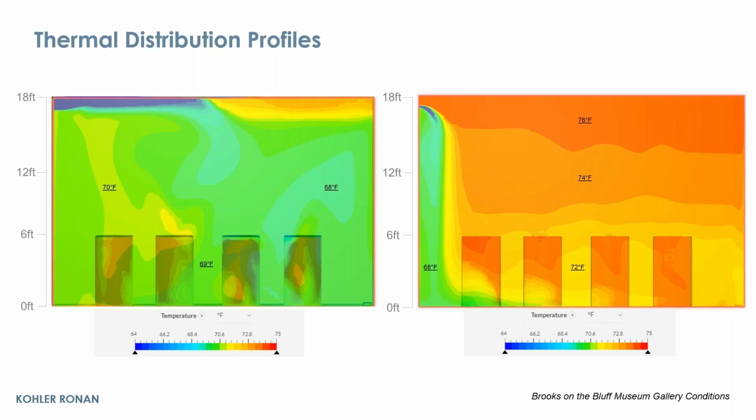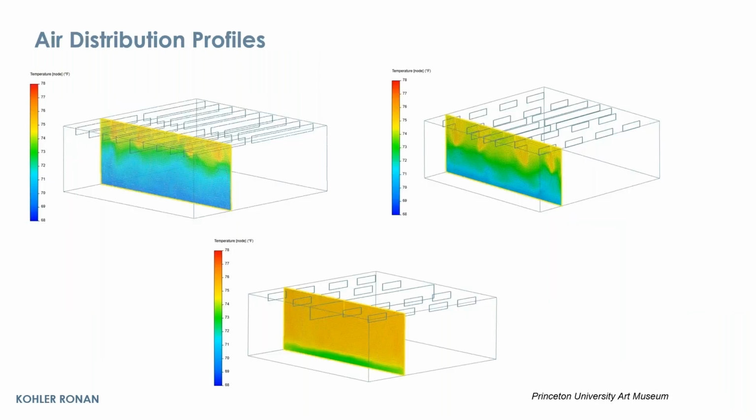But again, we are trying to balance not just temperature and humidity, but we're also trying to make these buildings energy efficient. So the idea of using Simscale, or any tool that lets us do iterative modeling, was really helpful. In this example, at the Princeton Art Museum, we had different types of ceiling configurations to condition the space.